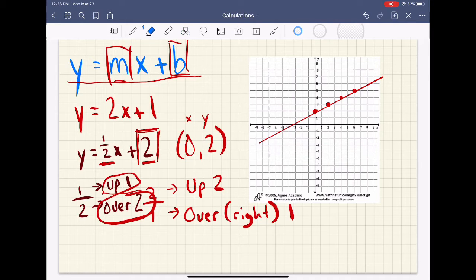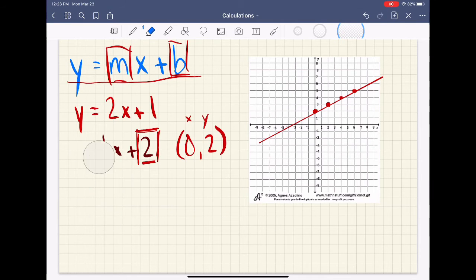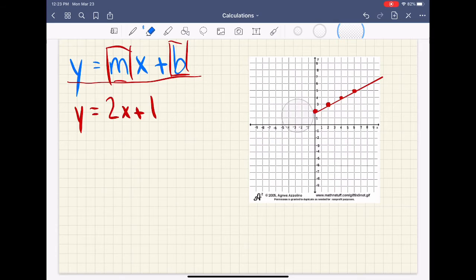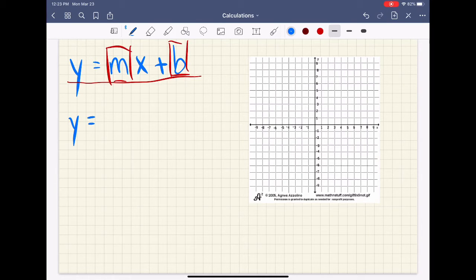So now let's talk negative slopes. Let me erase our work so far, and then we'll just do a simple line with a negative slope. So let's go y equals -3x plus 5 this time.